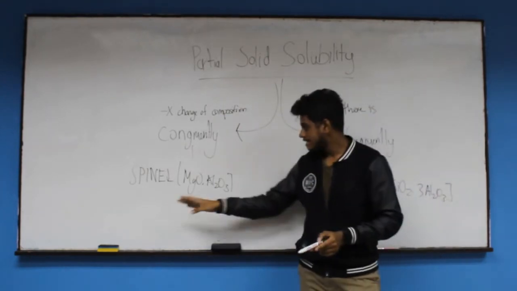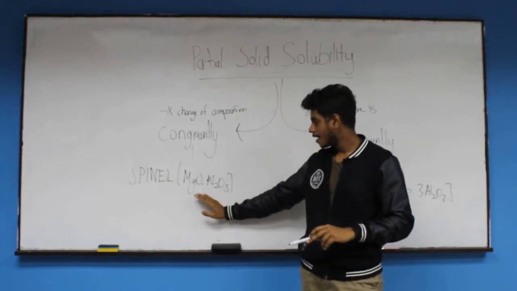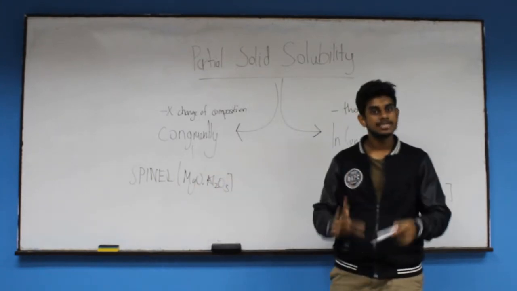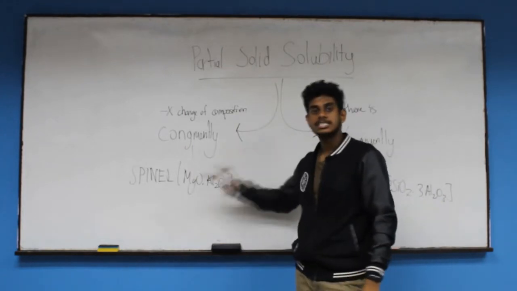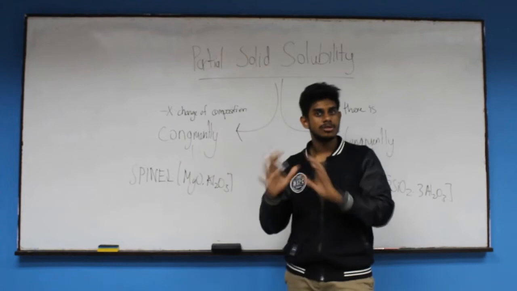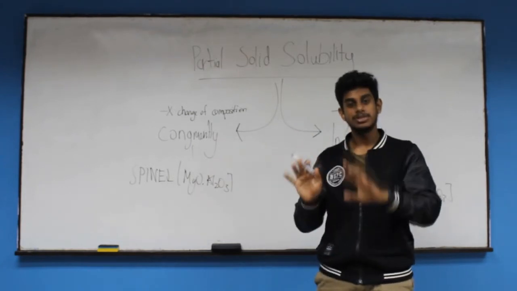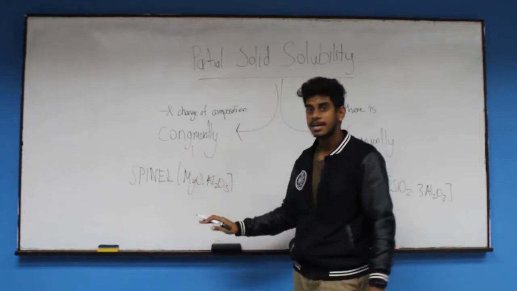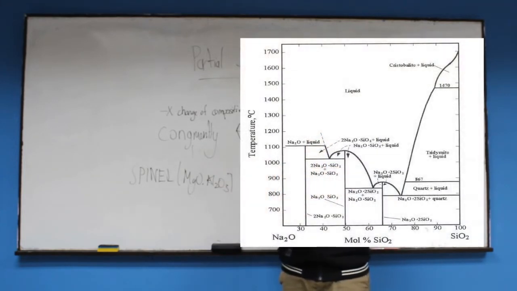For example, the spinel. Spinel is MgO and Al2O3 reacting together in a phase diagram. They do not have a changing composition through the phase diagram. So the consequence for the phase diagram is that they tend to have a smaller series of simple eutectic phase diagrams.